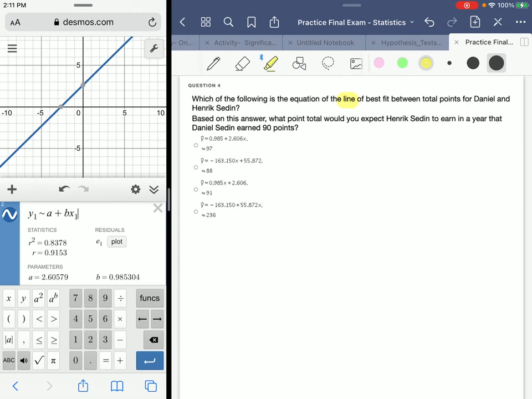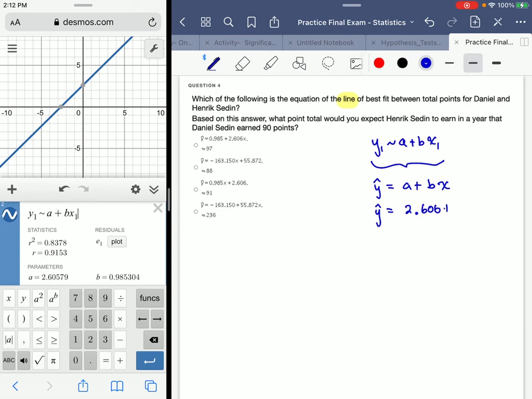In Desmos we say y1 tilde a plus b x1, but that translates to y hat equals a plus bx. In this case, y hat equals 2.606 plus 0.985x.